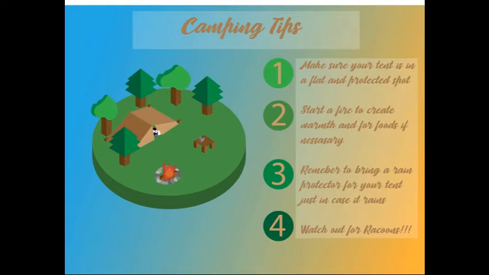Number one, make sure your tent is set up on a flat surface in a protected area. Start a fire to create warmth and to make food. Remember to bring something for rainy days, and then watch out for raccoons. That's just to make it more fun, because there's a raccoon in the tent.